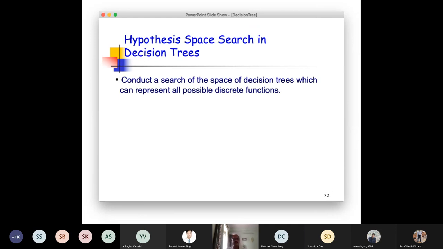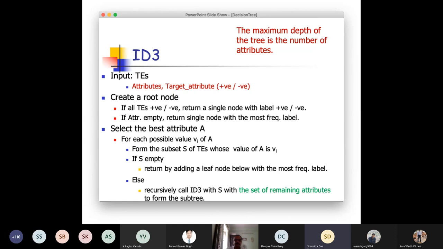Sir, in the previous slide, the second point, when there was no attribute under the created root node, how is that case? Actually, this is a kind of recursive definition. So if you come to an empty attribute set, then you have to return a single node with the most frequent label.